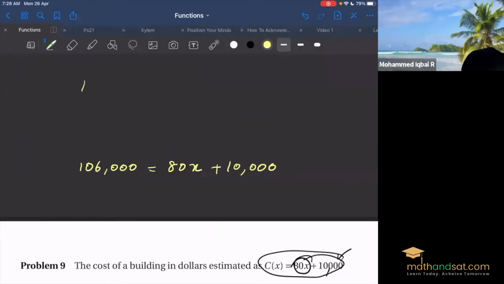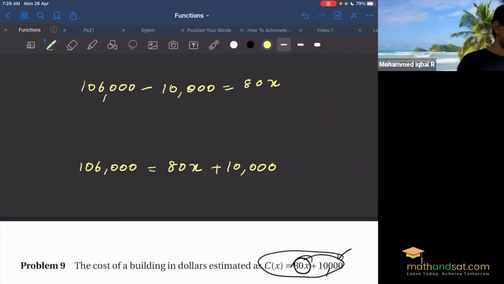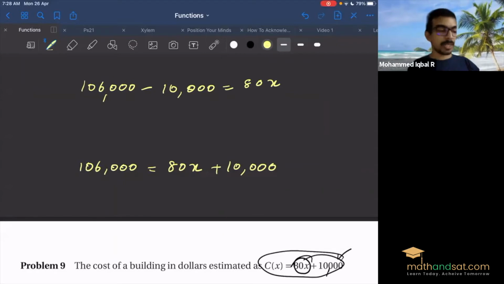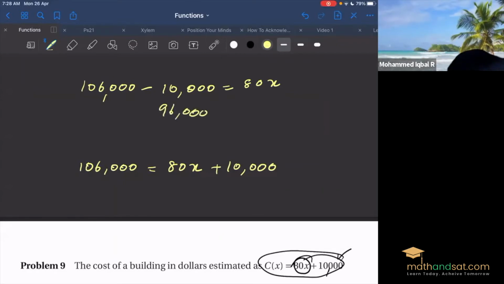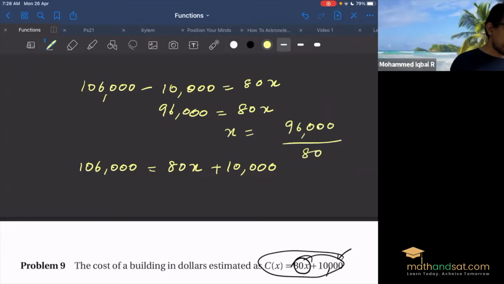So we have 106K minus 10K is equal to 80x. 106K minus 10K is going to be 96K. So 96K is equal to 80x. Your x value comes out to be 96K over 80.